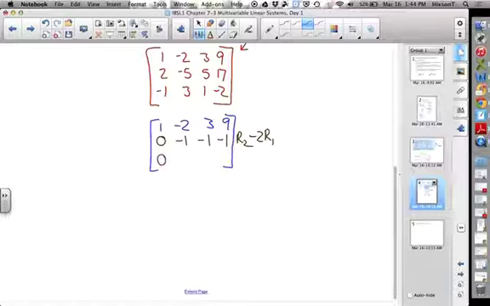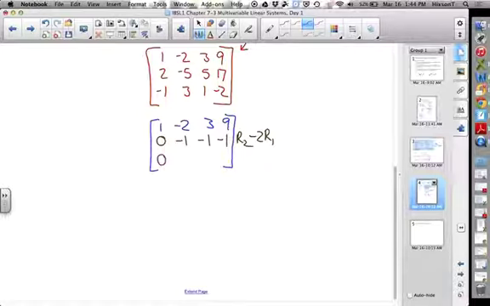So you multiply the top row by negative 2, and then you basically found the resultant equation, and that's your second row. Well, no, I multiplied the top row by negative 2, and then I added it to the second row to get a new second row.